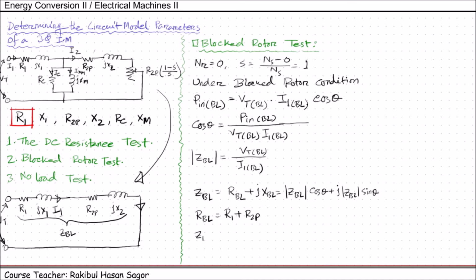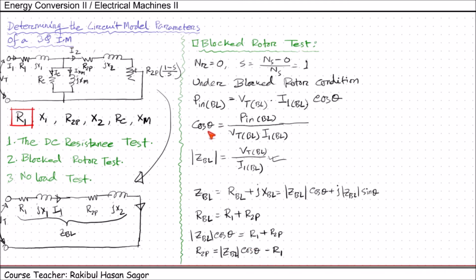So Z_BL cos theta is equal to R1 plus R2', and R2' can be written as R2' equal to Z_BL cos theta minus R1. Here we need to take the amplitude. Now we know the magnitude of Z_BL from this equation, and we know the value of cos theta from here.